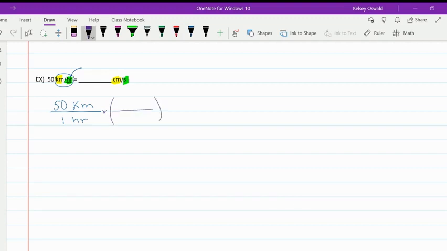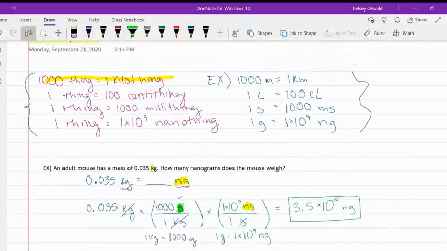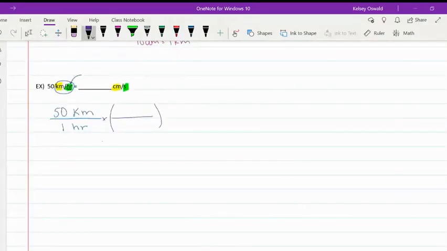So to cancel out my kilometers, I need to go back up to my conversions and see which conversion factor or what equality statement I have with kilo. And again, I can see that I have 1,000 things in 1 kilo thing. So that's like saying I have 1,000 meters in 1 kilometer.